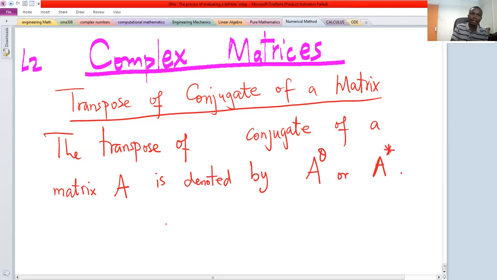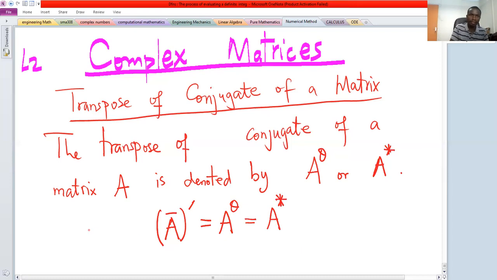That's to say, if this is the conjugate of A and you transpose it, then you get what we call A power theta, which is the same thing as writing A star.